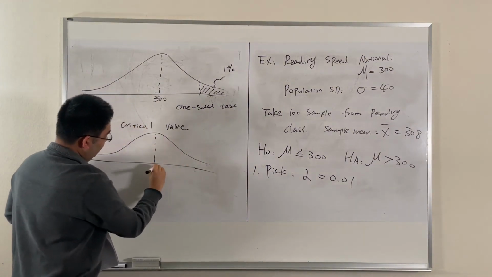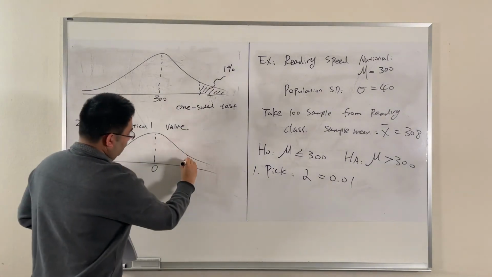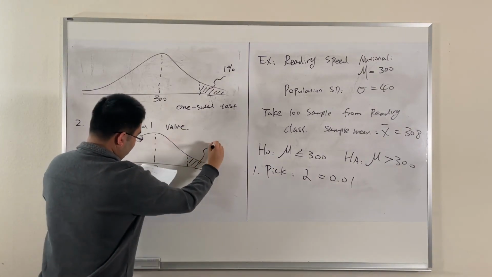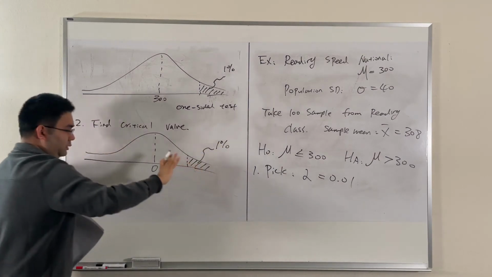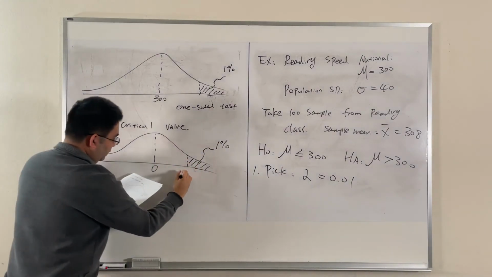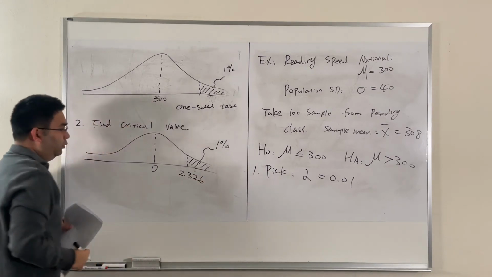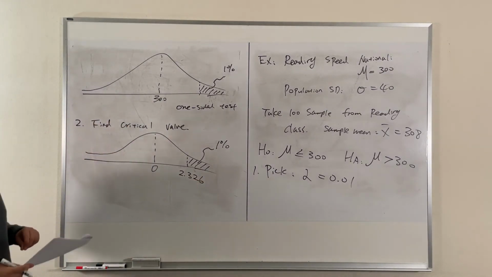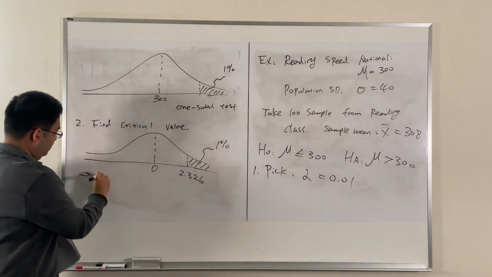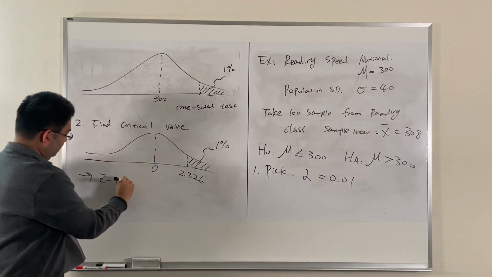So once it's standardized, with our Z table, the right hand side 1%, the critical value we get from the Z table is 2.326.